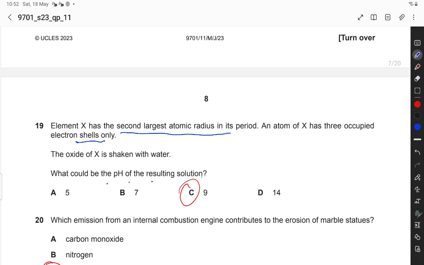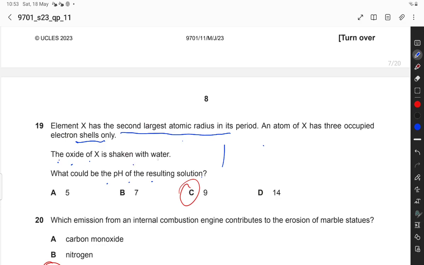Atomic radius decreases across the period, so that's why the element present in group 2 has the second largest atomic radius in its period. Group 2 are metals, and metals form basic oxides.